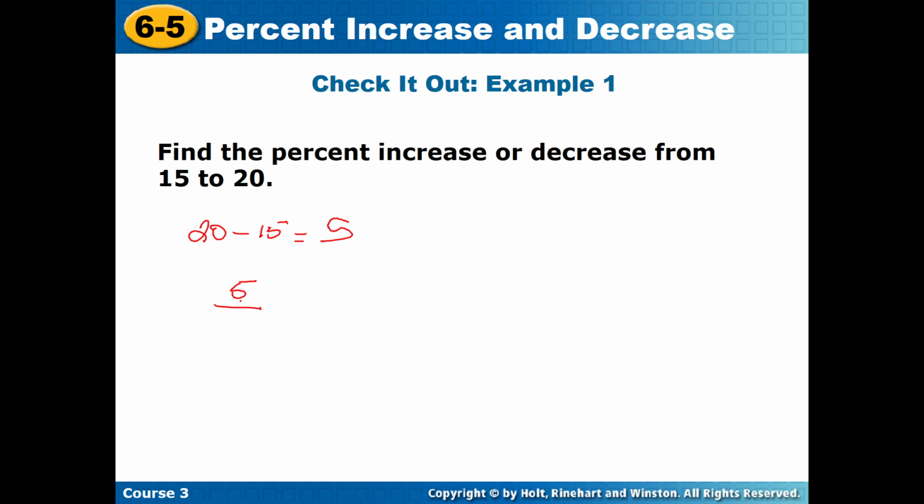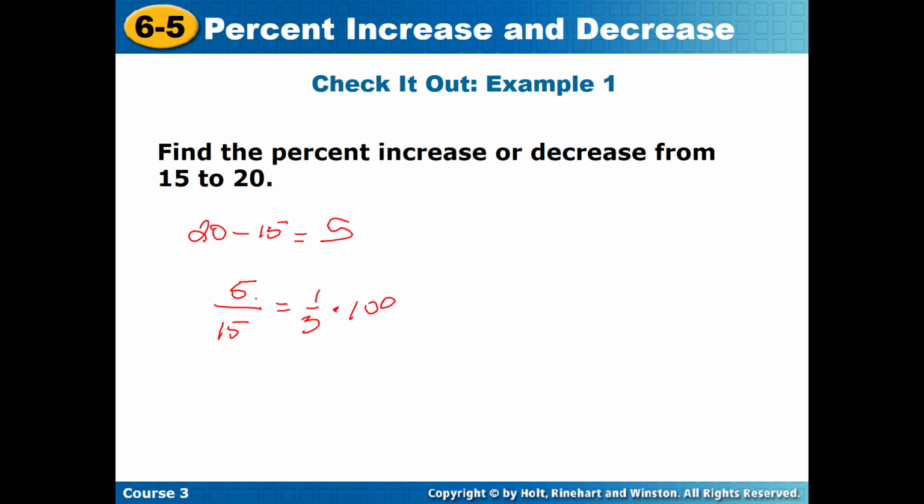So this is going to be 5 over 15. Okay? So when we simplify that down, you actually end up with 1/3. You don't have to do that, but it helps you because that gives you an idea of what the decimal is going to be. Okay, so we end up with 1/3. Okay, and now we take 1 divided by 3, and then we multiply that by 100.